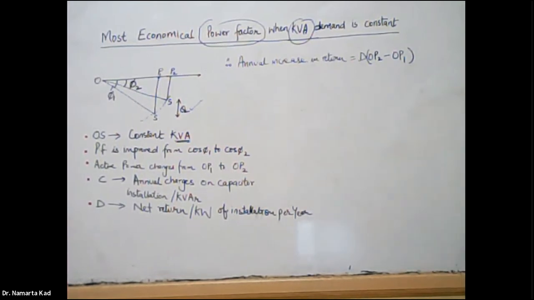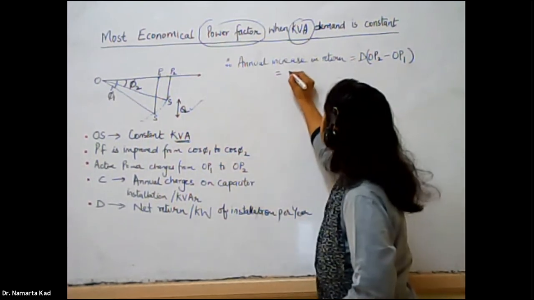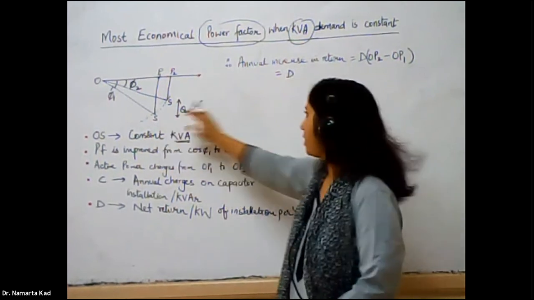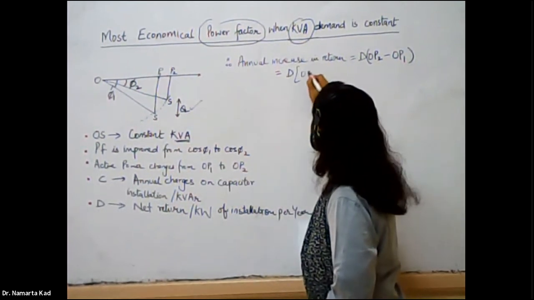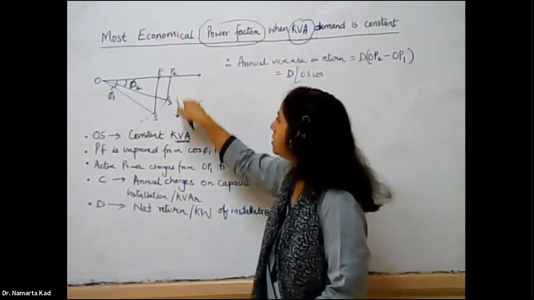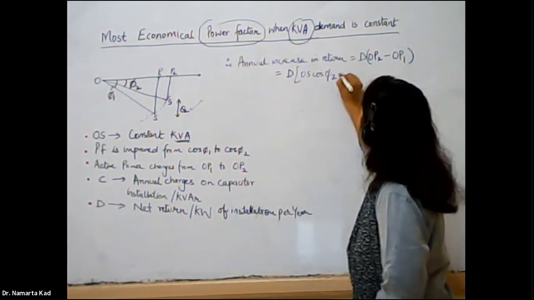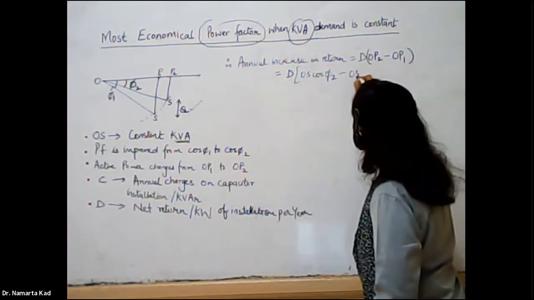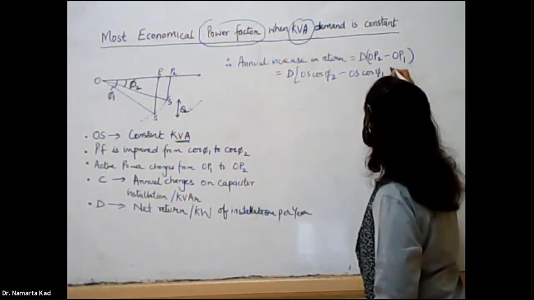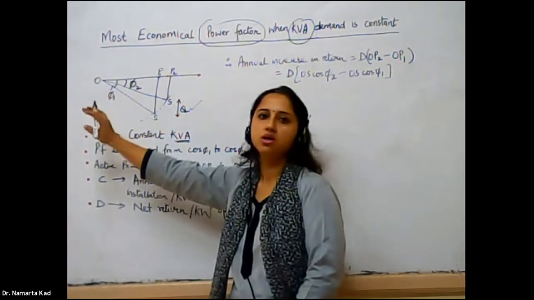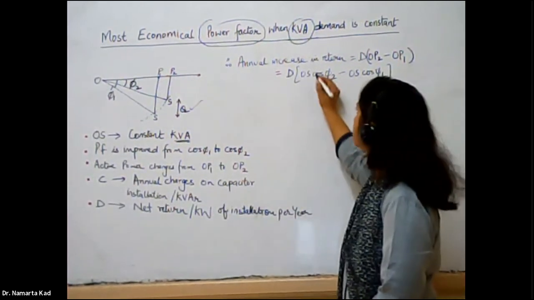This is the annual increase in return, and it can further be written as D into, OP2 written in the form of KVA as OS cos of phi 2, minus OS cos of phi 1. It can be written like this because cos is based upon the hypotenuse, so it can be written in the form of OS.